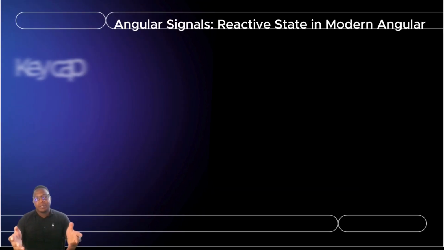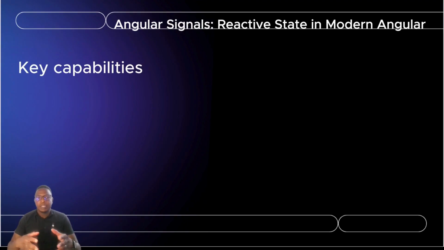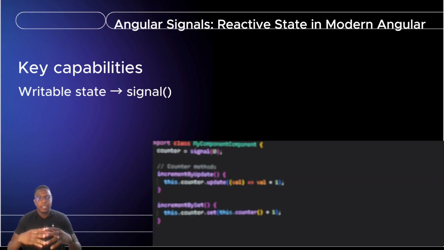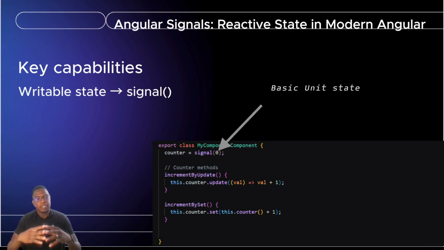So when we talk about the key capabilities of signals, there are three main building blocks that you need to understand. These are what make the whole system work in a practical Angular application. First up is writable state, or the signal. This is your basic unit of state.